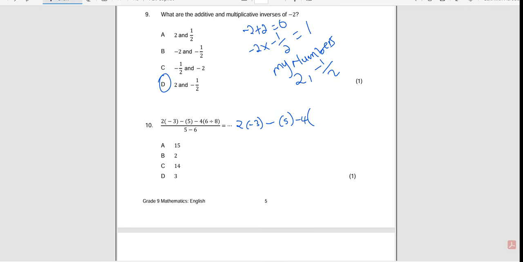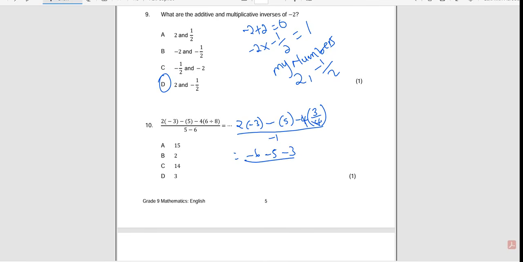It's 6/8, which is 3/4, sorry. 5 minus 6 is minus 1. And then 2 times minus 3 is minus 6, minus 5, and this one will cancel, leaving minus 3.